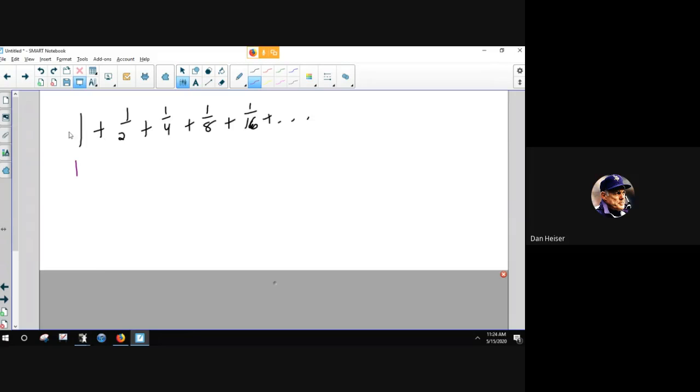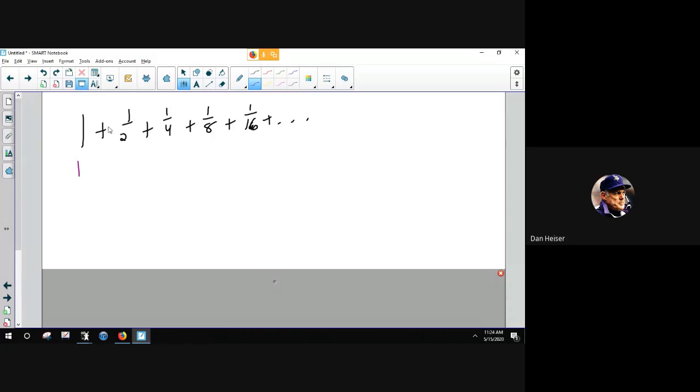If I just look at the first 2 terms, just add these together and ignore all this other stuff, I get 1.5. If I take 1 plus a half plus a quarter and stop there, that's 1.75.